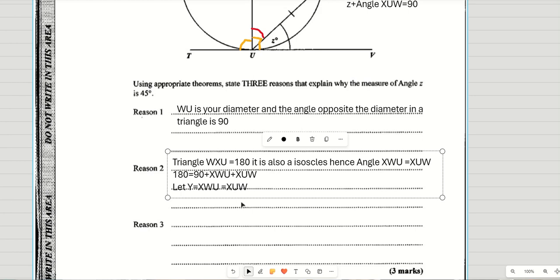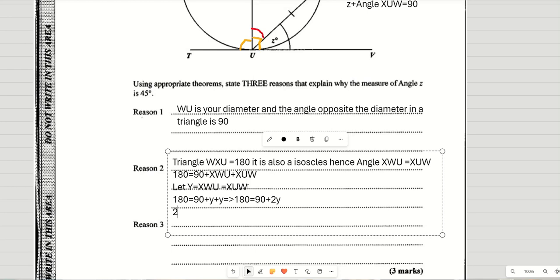We can say now that 180 is equal to 90 plus y plus y. So this implies that 180 is equal to 90 plus 2y. Alright, so 2y would be equal to 180 minus 90.